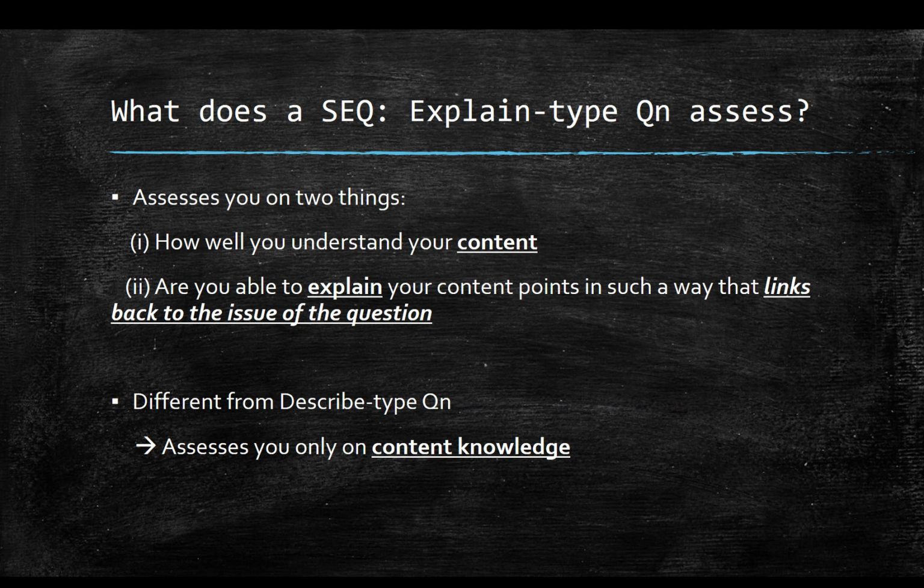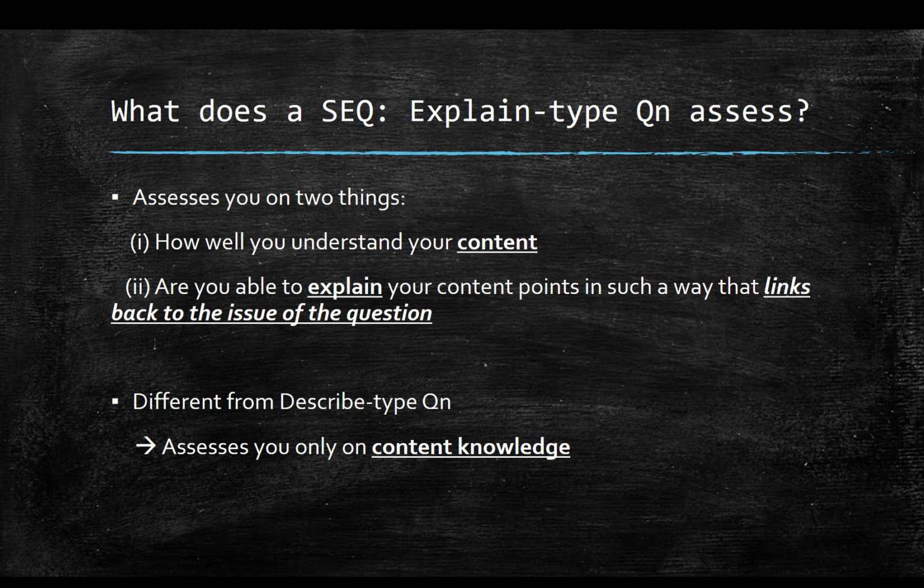Now, when we look at an explain type of question, what does it actually assess you on? An explain type question assesses you on two things. The first one being how well you actually understand your content, and number two, are you able to explain your content points in such a way that links back to the issue of the question.